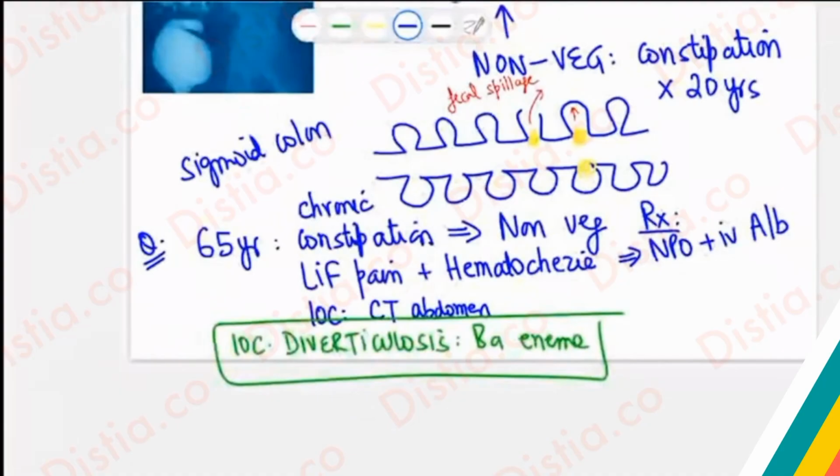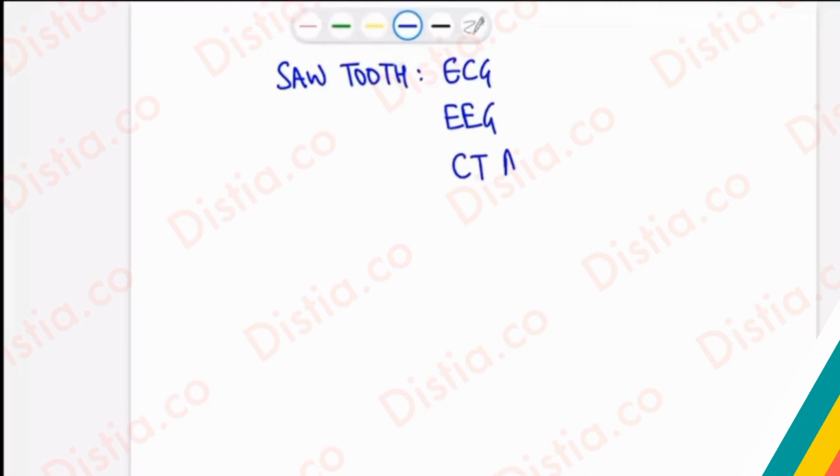But I again want to highlight the fact that whenever in the exam you read the following information, if you read sawtooth pattern on ECG versus sawtooth pattern on EEG versus sawtooth pattern on a CT abdomen, you know the fact that the answers will definitely be different.